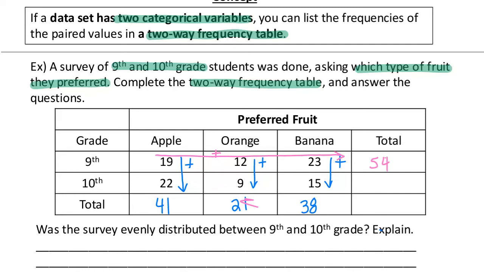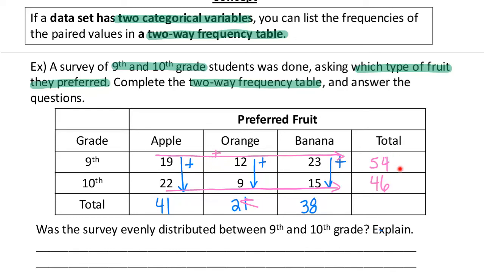Yes? Okay. And then if you add the 10th grade students, you go this direction for 10th graders. So 46, thank you. So 54 ninth graders and 46 10th graders.